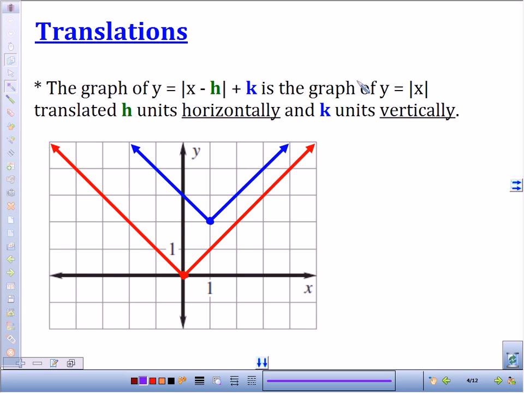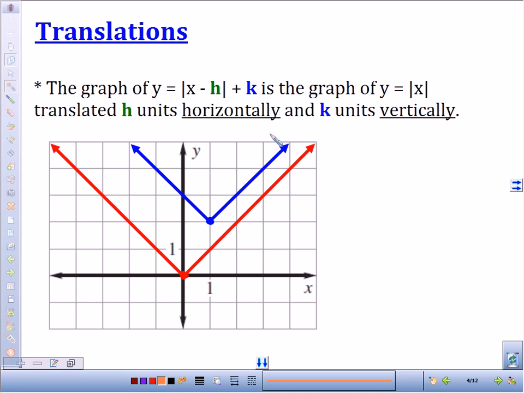When we're dealing with absolute value functions, we want to talk a lot about translations and transformations. I have a graph of a translation here. A translation moves the graph, but it does not change the size. As we can see in our picture, I have my parent function in red, going through with the vertex at the origin, two slopes, one of 1 and one of negative 1. And I have a new function.